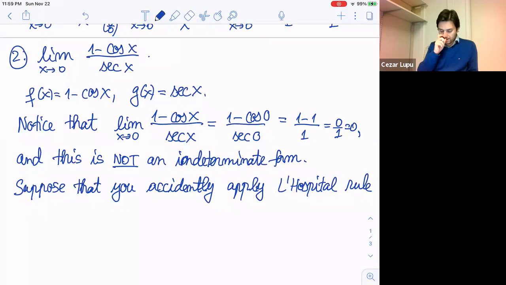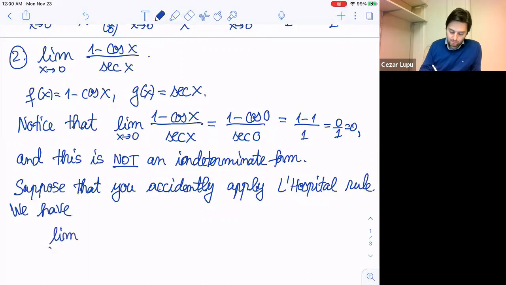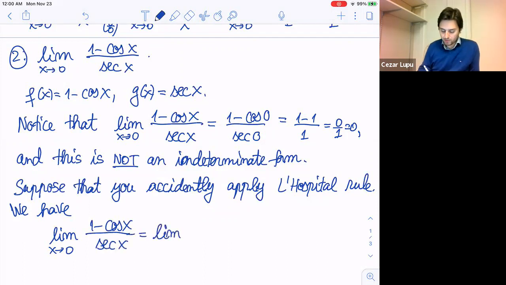So by applying L'Hopital rule, we have that the limit as x approaches 0 of 1 minus cosine of x over secant of x is the limit as x approaches 0 of 1 minus cosine of x prime over secant of x prime.